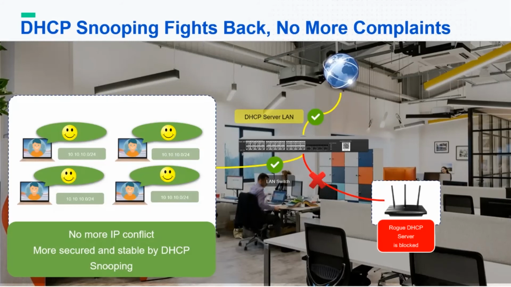If other people bring a rogue DHCP server to your network, the switch can detect and block that DHCP server. So you don't need to worry about this happening again. You just need to turn it on, and all the complaints, all your worry will disappear.